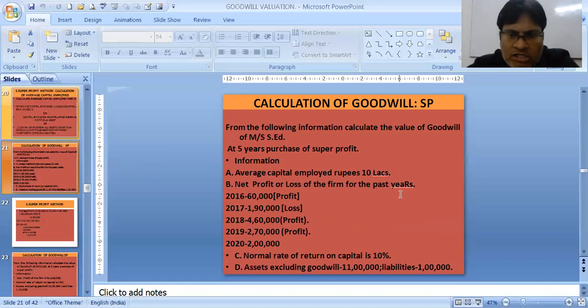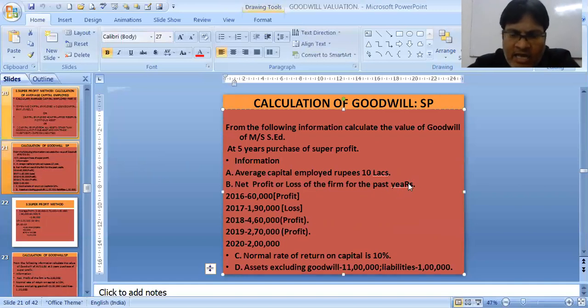Net profit or loss from the past years is: 2016, 60,000; 2017, 1,90,000 is the loss; 2018, 4,60,000 is the profit; 2019, 2,70,000; and 2 lakhs in 2020. If nothing is mentioned, that means profit. Normal rate of return is 10%.